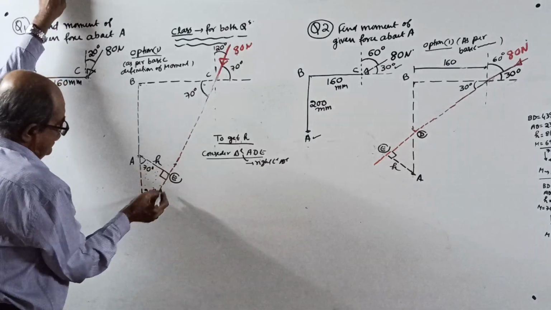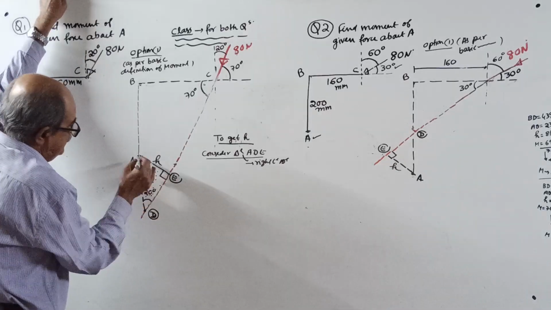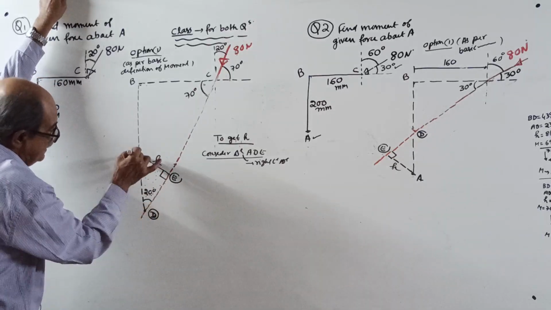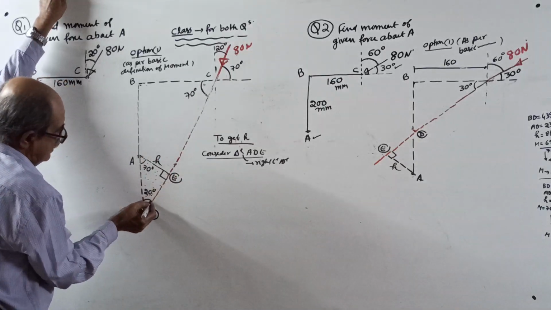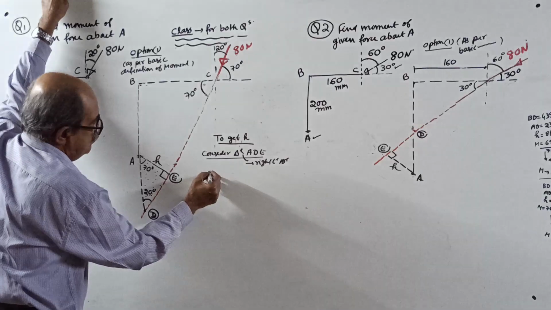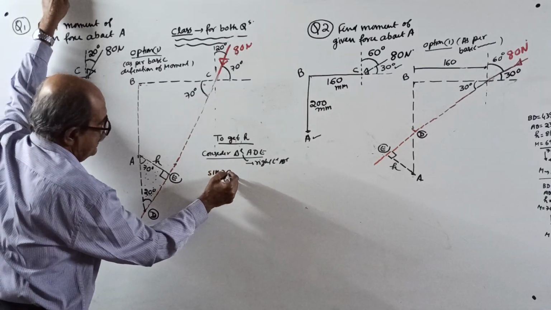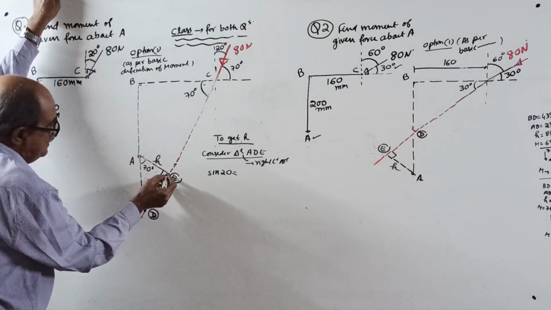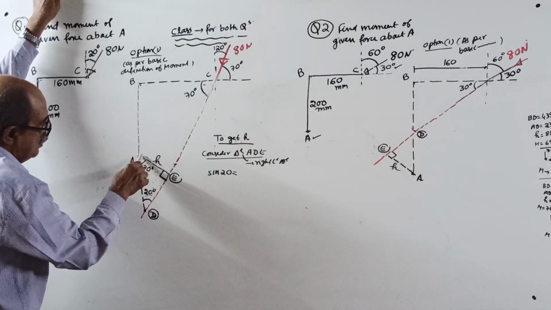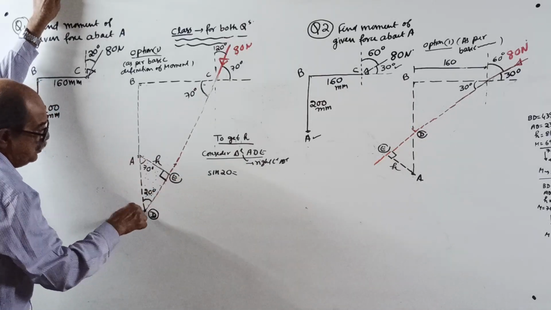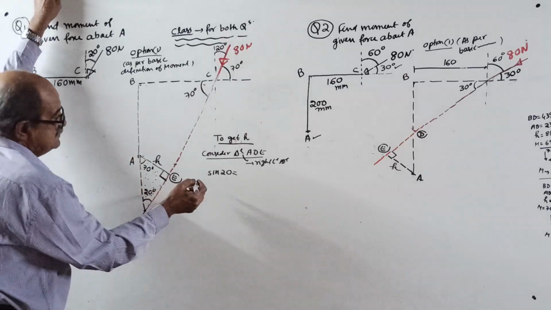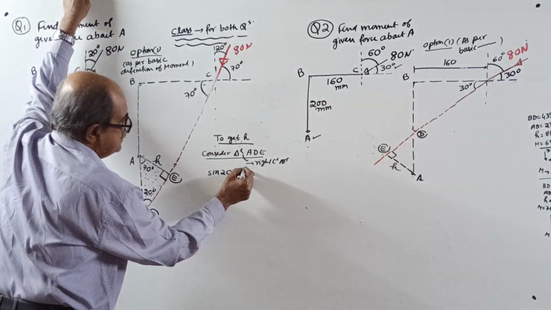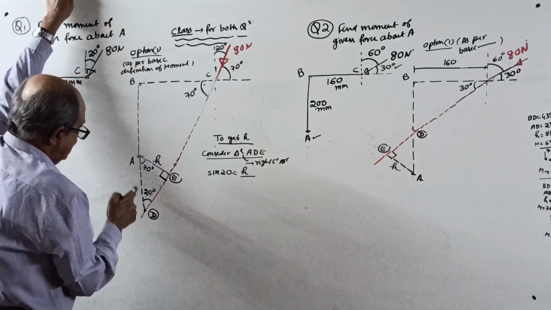To connect H with AD, this line, then you can write sin 20 equal to H. H is the opposite side. See, this is 90. For this triangle, this is the hypotenuse. Sin 20 equal to H divided by AD.